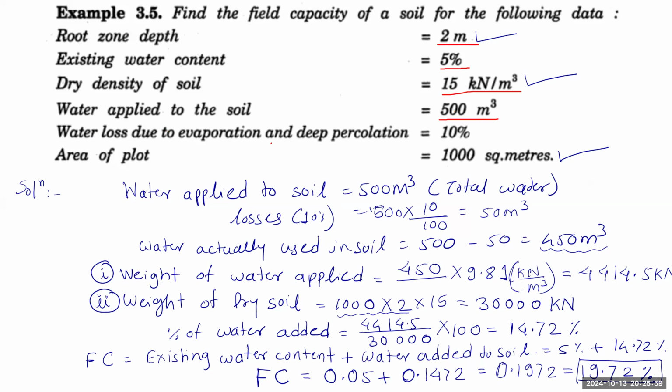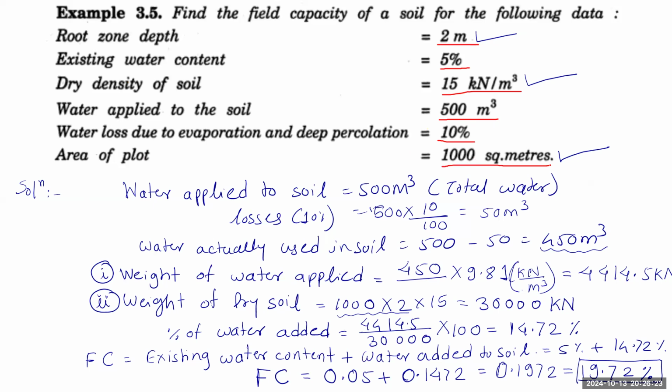Water loss due to evaporation and deep percolation, that is, how much water loss takes place due to the conveyance losses, is given as 10%. And the area of the plot to which this water is applied, 500 meter cube, is given as 1000 square meter.